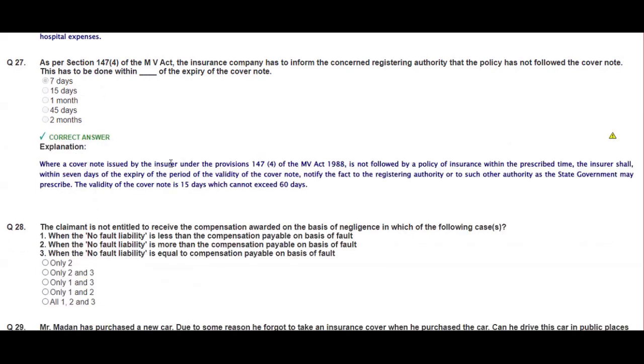Where a cover note issued by the insurer under the provision of section 147 of the MV Act 1988 is not followed by a policy of insurance within the prescribed time, the insurer shall, within 7 days of expiry of the period of the validity of the cover note, notify the fact to the registering authority or such other authority as the state government may prescribe. The validity of the cover note is 15 days, which cannot exceed 60 days.